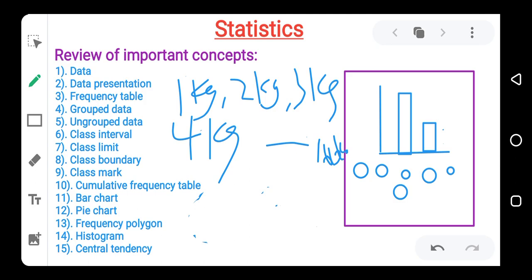Now, presenting this data, maybe you have a name, Ikechukwu, or Michael.